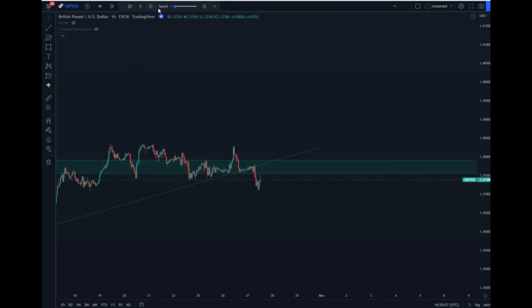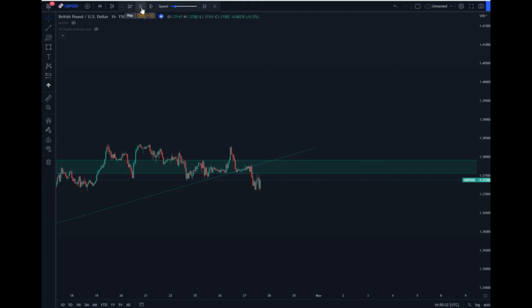So I'm just going to slow this down a bit. Oh, it doesn't go slower than this. Okay, let's press play. So remember guys, we're looking for either an evening star or a bearish engulfing.